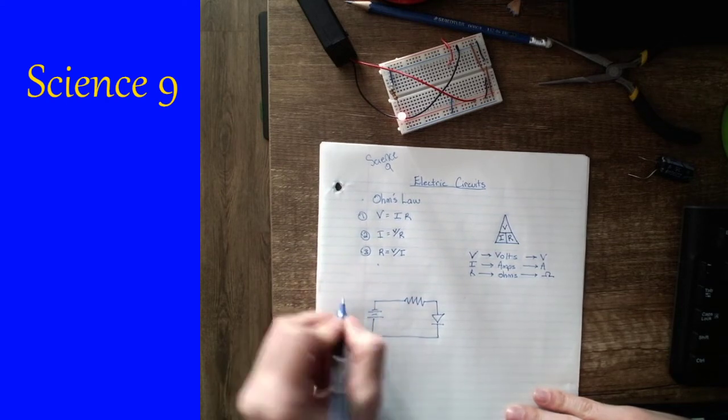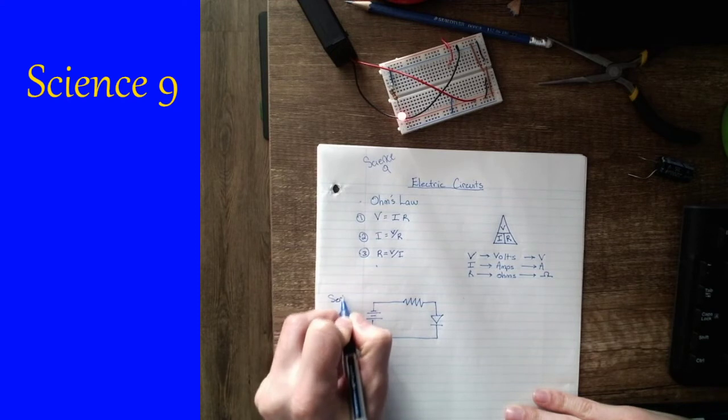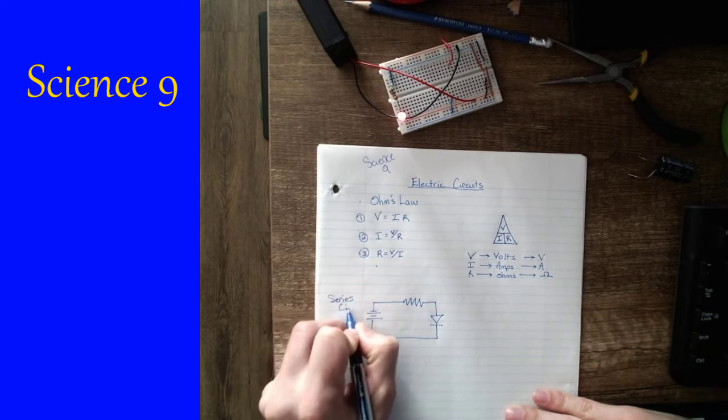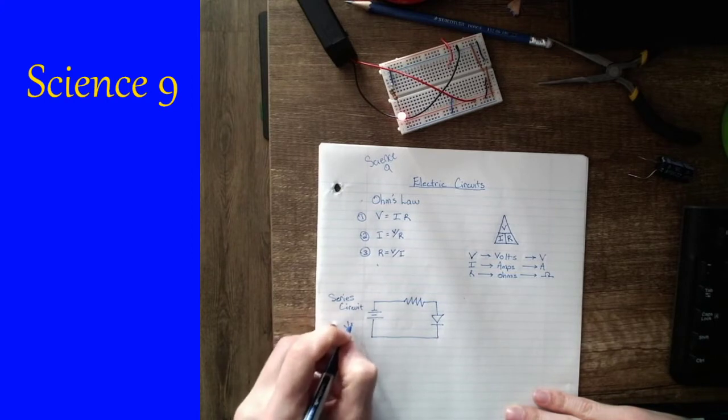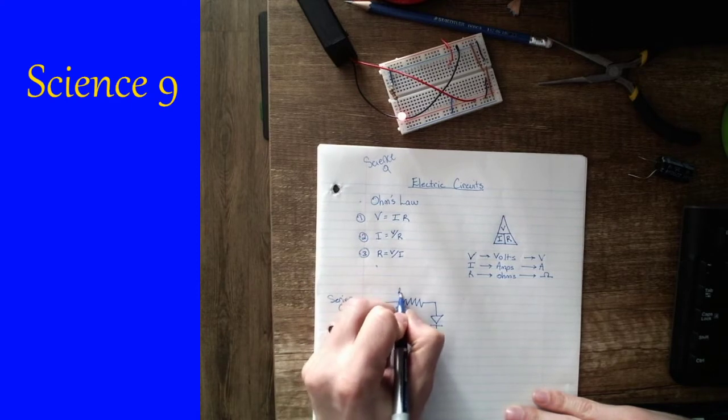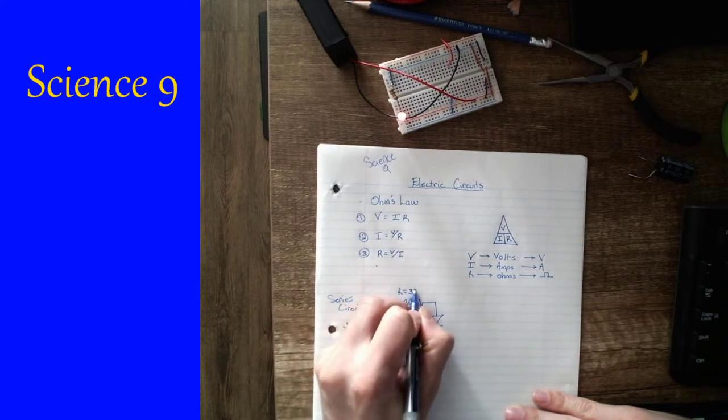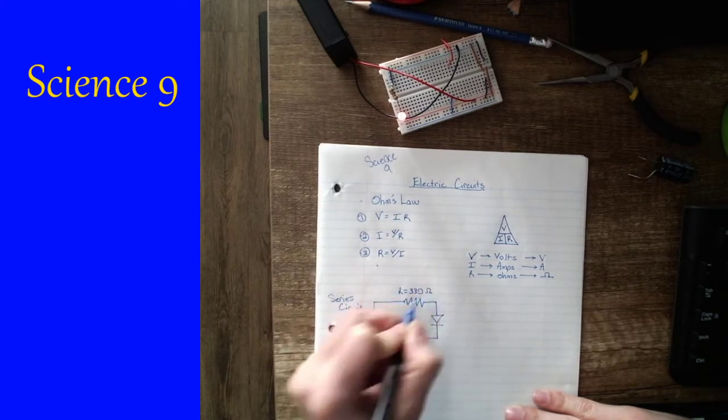And this is a series circuit. The voltage is around 2.5 volts, and the resistance is 330 ohms.